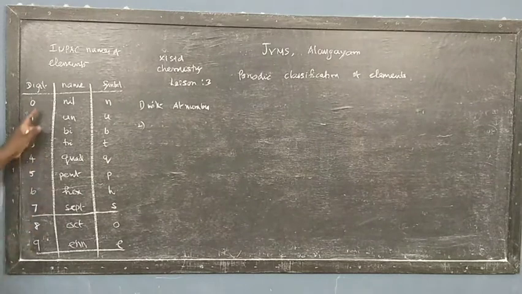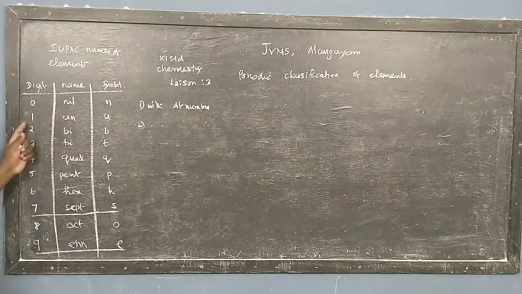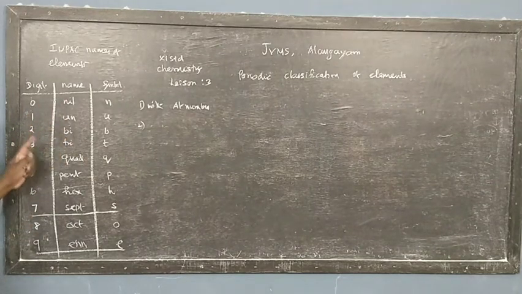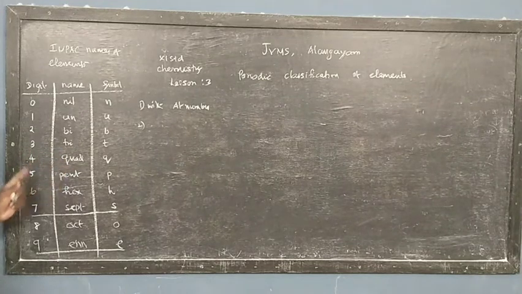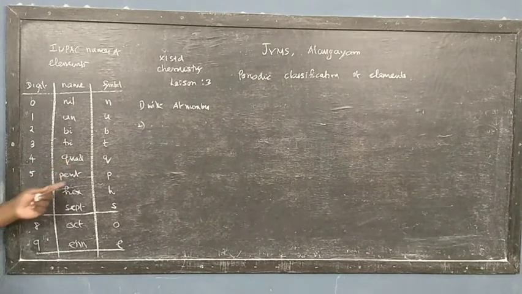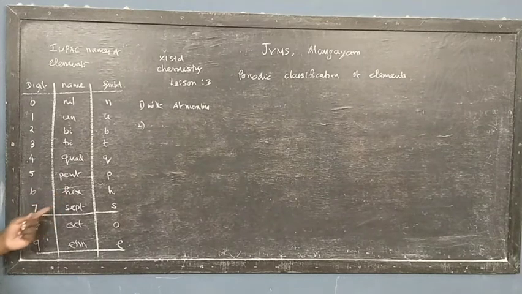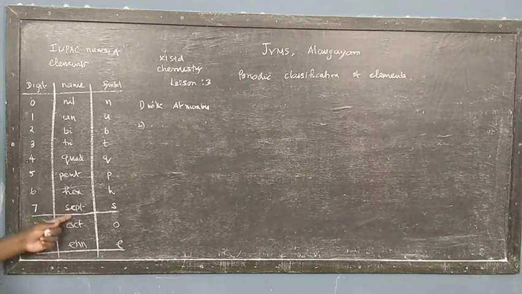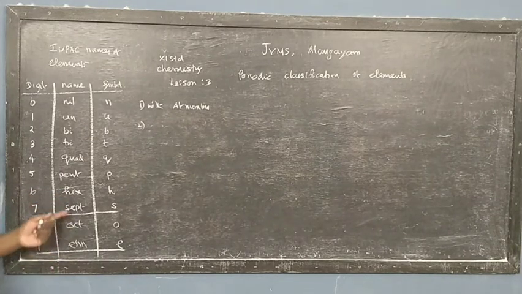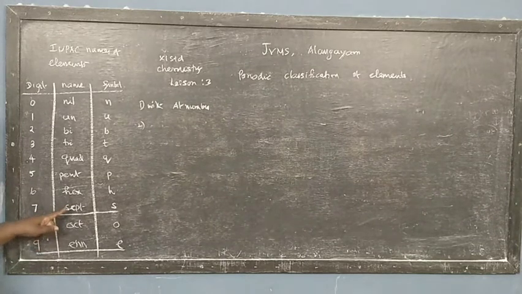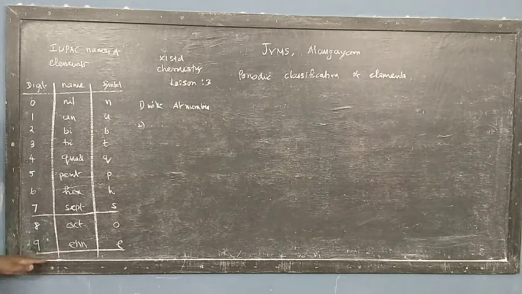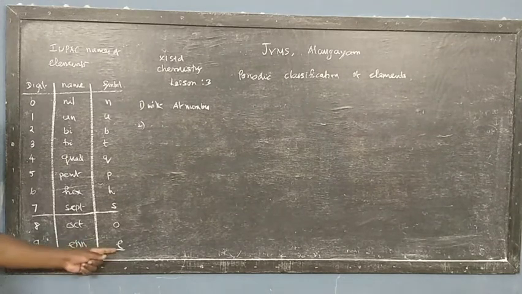So always we use nil for 0, un for 1, bi for 2, tri for 3, quad for 4, pent for 5, and hex for 6. This is generally called hepta, but here it is slightly changed to sept. And octa is common. 9 is called nona, but here also it is changed to enn because of the symbol.